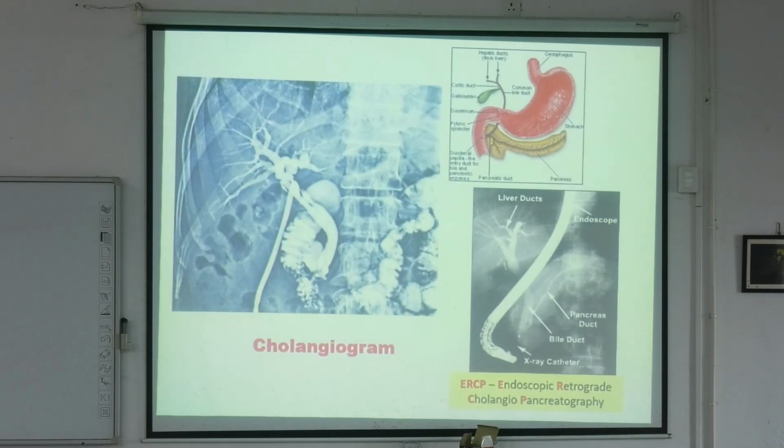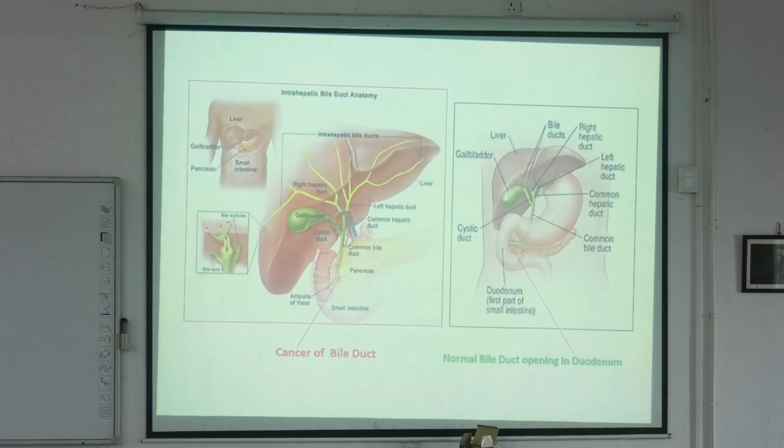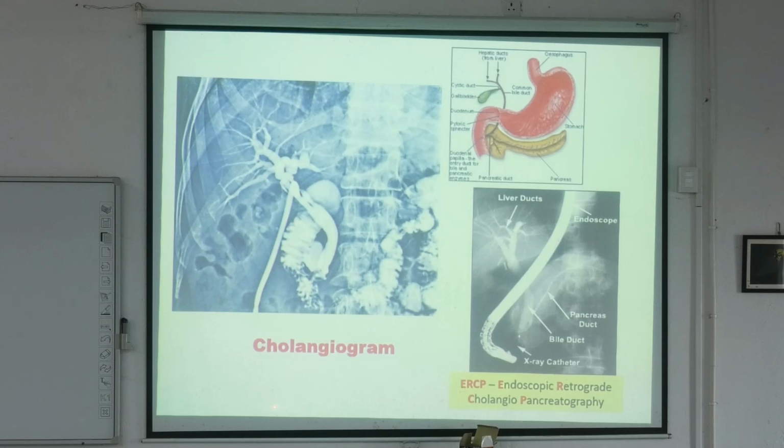Okay. So if you do a cholangiogram, means if you insert an endoscope and push a dye through the sphincter, the dye will move along the track of the biliary tract and you will get a cholangiogram.